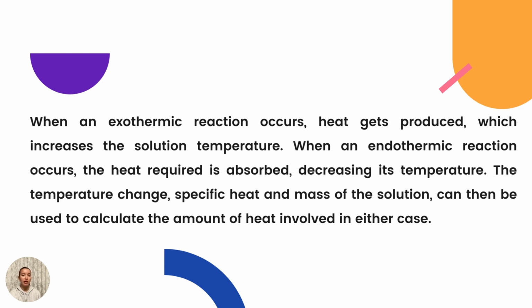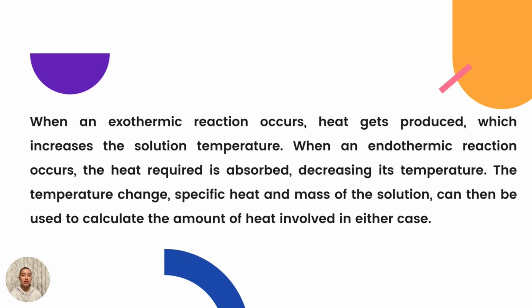So when we talk about this exothermic reaction occurring, of course it's exothermic, so we're going to have heat being produced. When we have heat being produced, we have an increase in the solution temperature. The opposite happens with endothermic reactions, where heat is not produced but absorbed and required for all the reaction to happen, meaning that if we have less heat, we're going to have a decreasing temperature, so temperature going down.